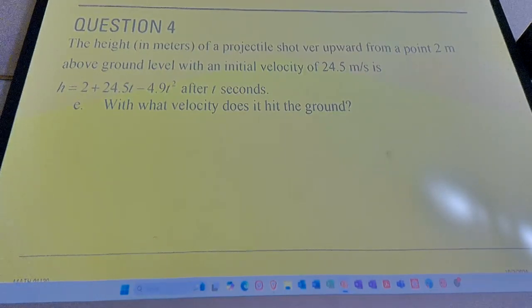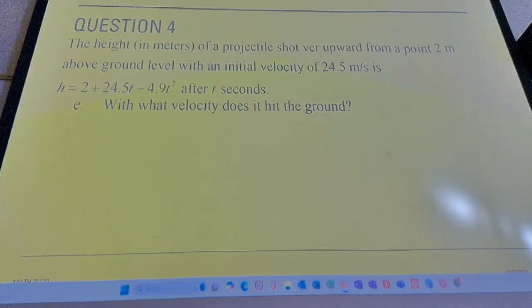With what velocity is it going to hit the ground? So what would we do? What did we say velocity was? 24.5 minus 9.8.